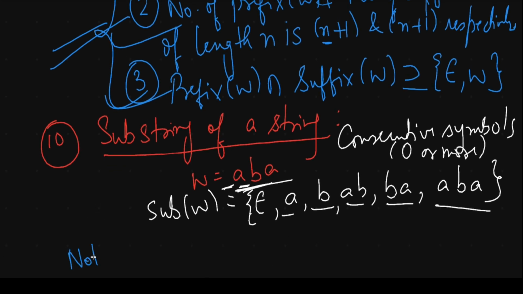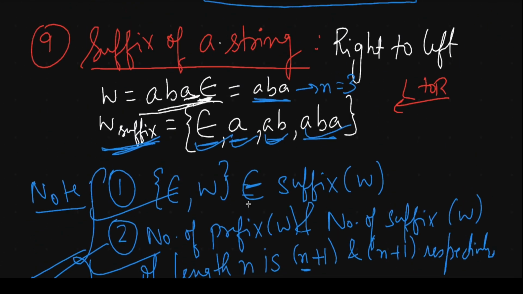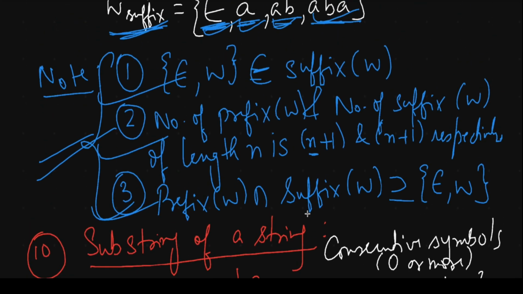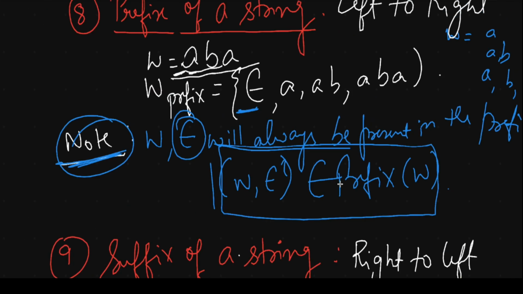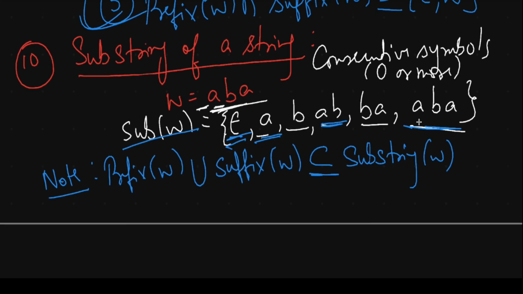And one thing to note down is that prefix of word W union with suffix of word W is a subset of substring of W. Okay, as we can see here, epsilon, A, AB, ABA are contained in substring of W. Similarly for prefix you would see epsilon, A, AB, ABA.